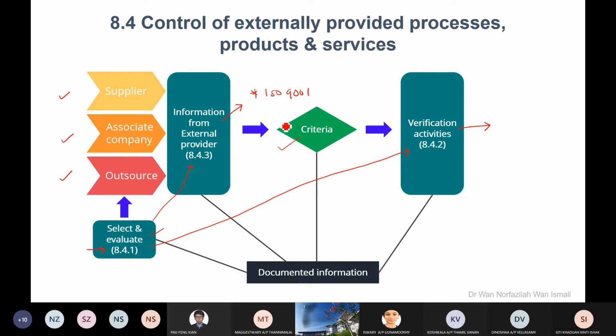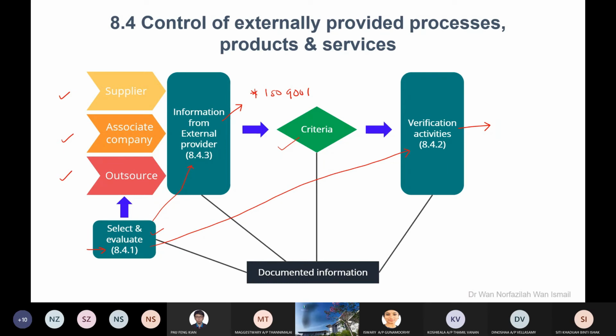You can't simply outsource like that. You need to have the information, and one of the most important is that they themselves have to be certified with ISO 9001, so that you know they will provide quality processes, products and services.